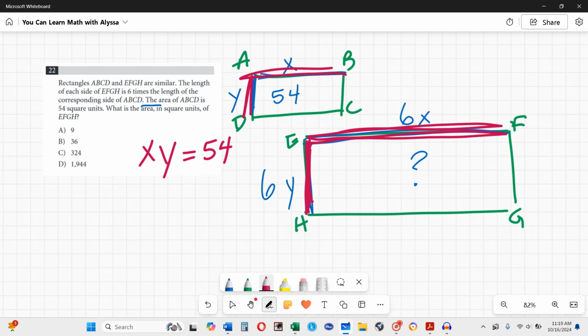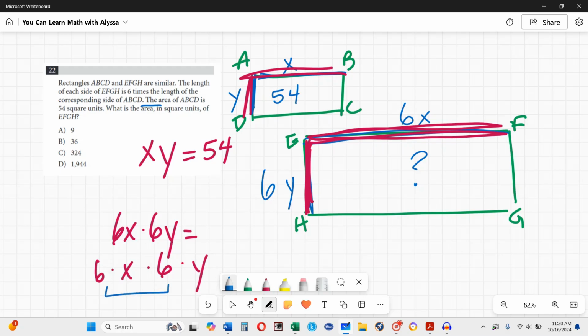So I would need to multiply those together to get the area of this other rectangle, 6X times 6Y. I can multiply the 6's together because this is the same as 6 times X times 6 times Y. So I can multiply 6 times 6, gives me 36, and then the X and the Y just come along for the ride. So the area of EFGH is 36 times X times Y.